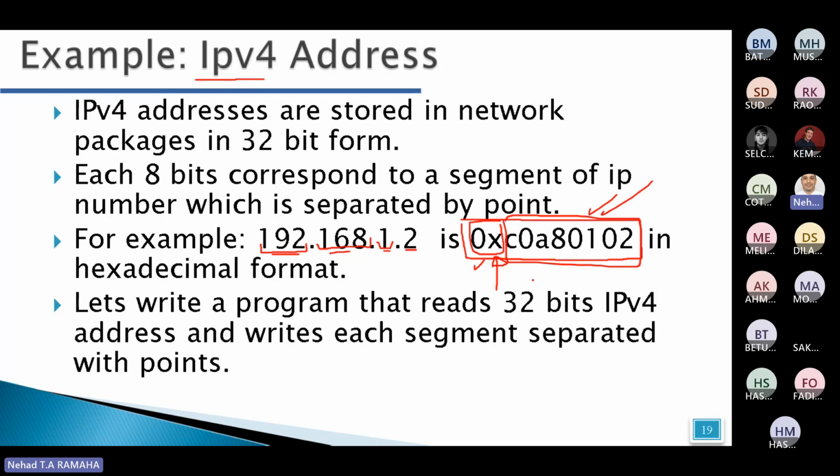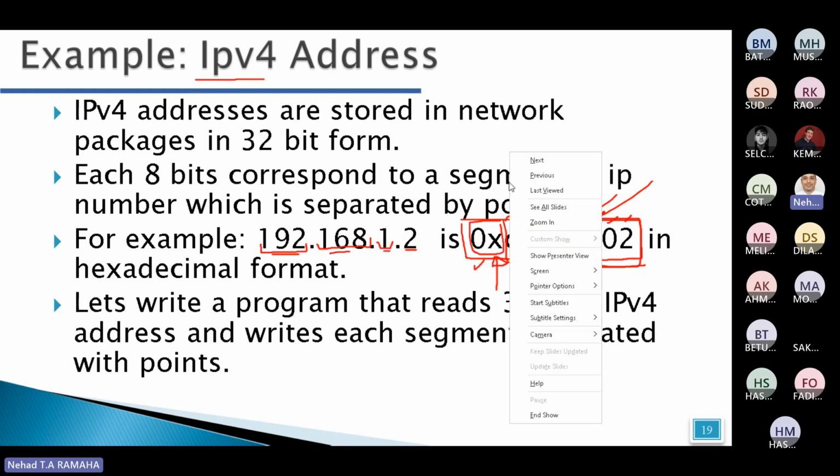By the way, you can write any integer value as hexadecimal like this, by using 0x and then giving the number. This 2, this 0, 1, 0, 8, this 10, because A is equivalent to 10, B is 11, C is 12.